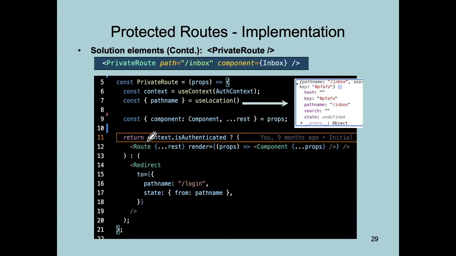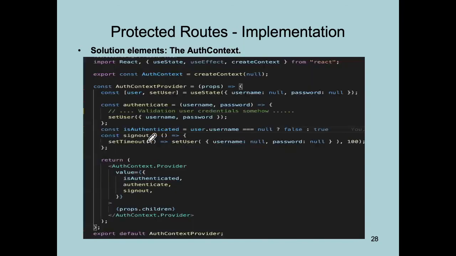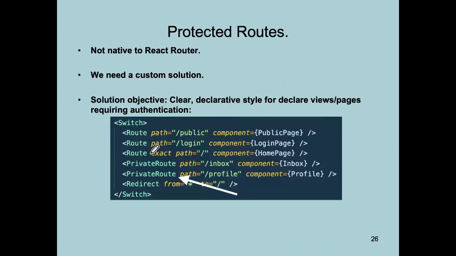Now, the way you need to interpret what's going on here is that at runtime, if I can go back just a couple of slides, what actually happens is these private route entries are replaced dynamically by either a normal route entry or a redirect entry.